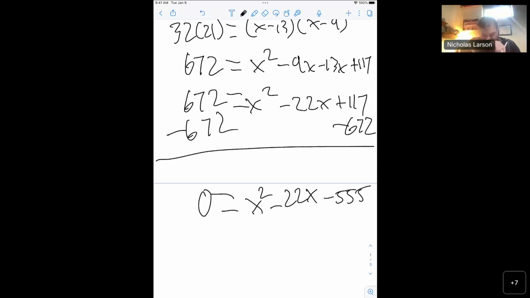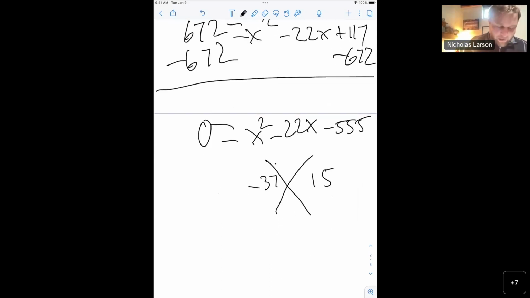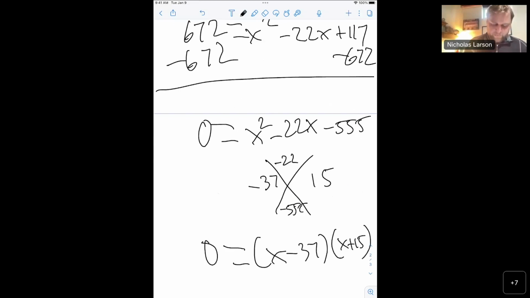All right, so now when we factor, I've got negative 37 multiplied by positive 15. This was the point I wanted to make: 0 equals (x minus 37)(x plus 15).